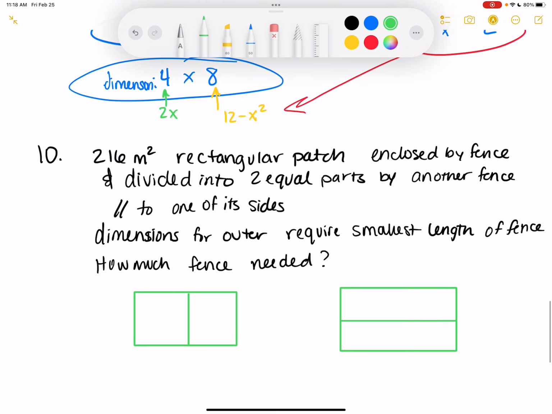So in terms of dimensions, we've got a width here, and all of these others are going to be lengths. It doesn't really matter which one's width, which one's length; I'm going to get the same thing regardless.